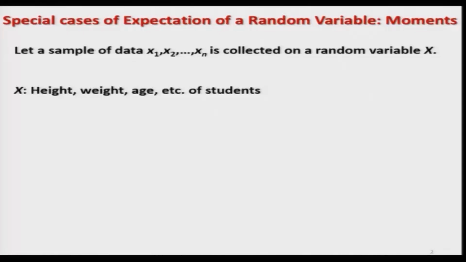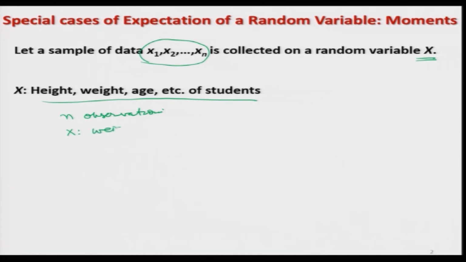Suppose we have a sample of data collected on a random variable x. For example, x can be height, weight, age, etc. of the students in a class. The observations on the variable are obtained as x1, x2, ..., xn. What is the meaning of x1, x2, ..., xn? It means we have n observations. Suppose x is weight.